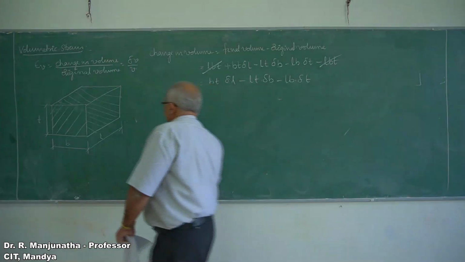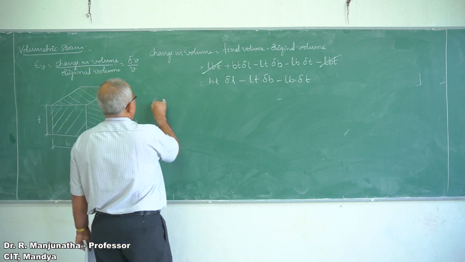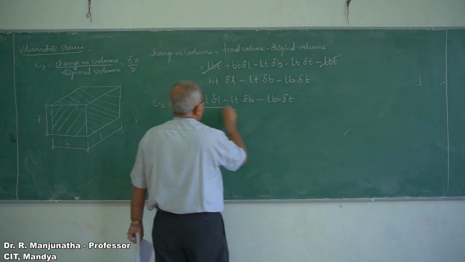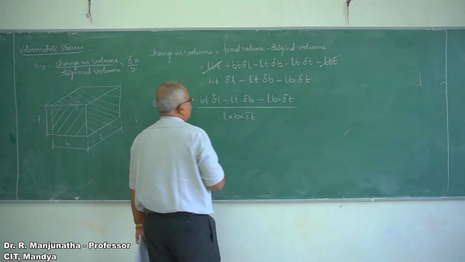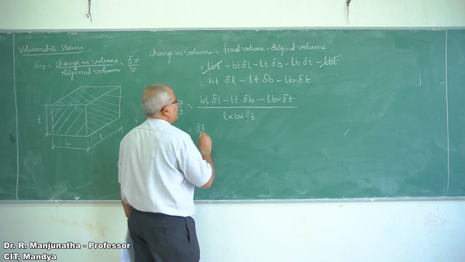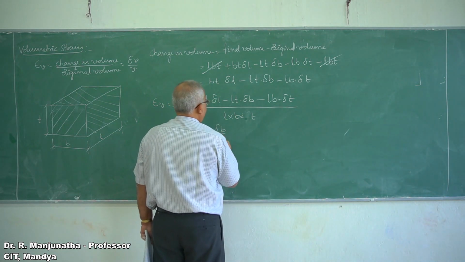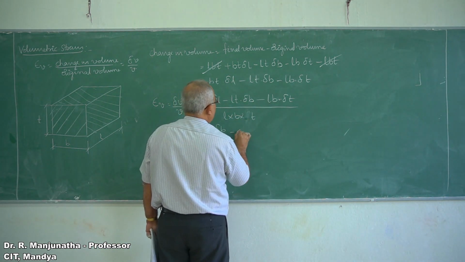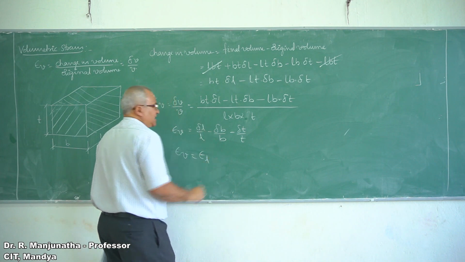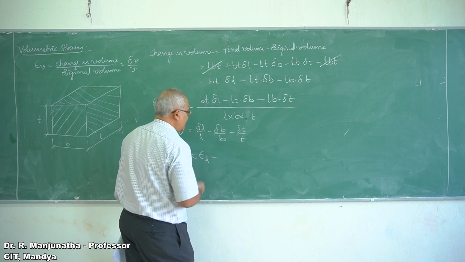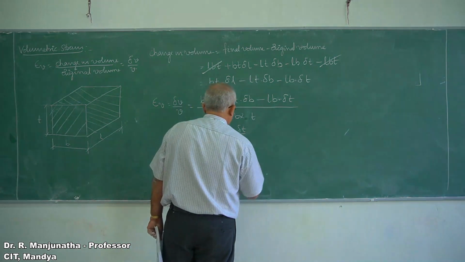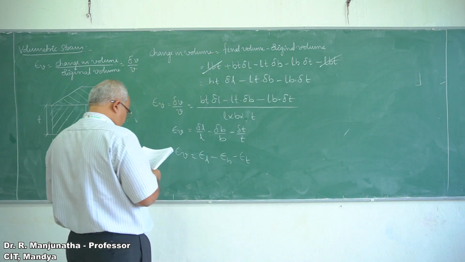The volumetric strain is given by epsilon V, which is equal to delta V by V, the change in volume by the original volume: B into T into delta L minus L into T into delta B minus L into B into delta T, divided by L into B into T. In this case BT gets cancelled, so we are left with delta L by L. L into T gets cancelled, minus delta B by B. And L into B gets cancelled, minus delta T by T. So this is epsilon V: delta L by L is epsilon L, the strain in the longitudinal direction, minus delta B by B, the strain in the lateral dimension epsilon B, and then minus delta T by T, again minus epsilon T. So this is how you get the expression.